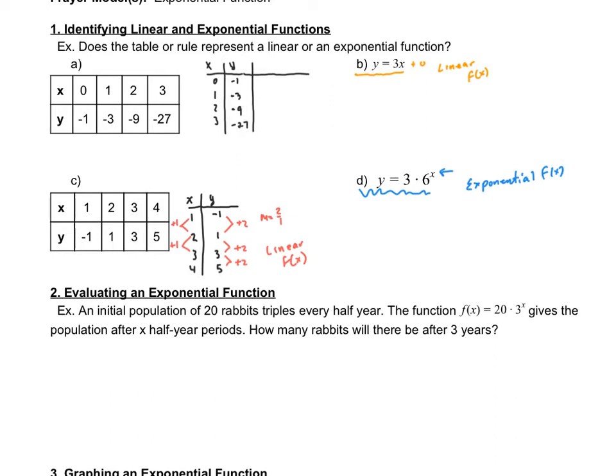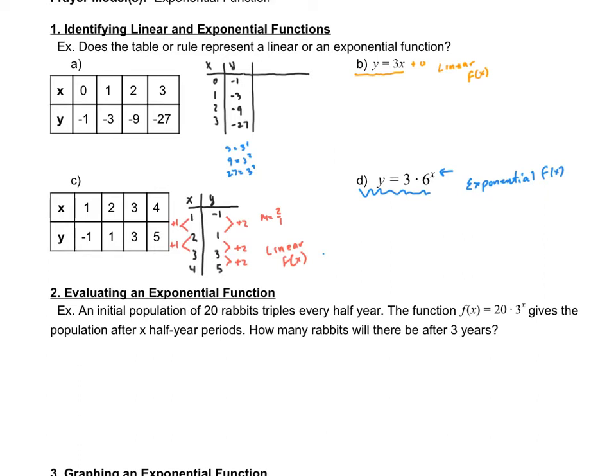So what I can do is I know that I have 3. 3 is 3 to the first, 9 is 3 to the second, 27 is 3 to the third, but we're dealing with a negative number here. I have negative 1, 3, 9, and 27. So I need to do something there.